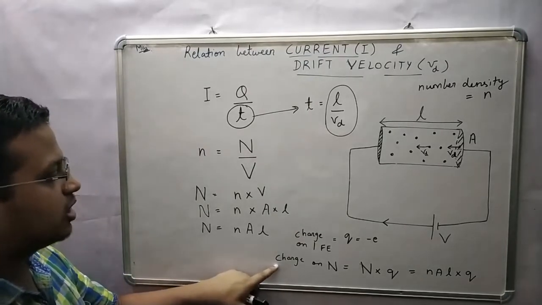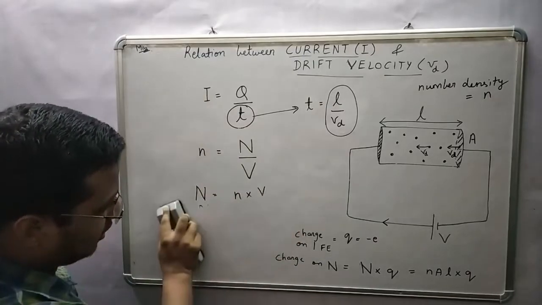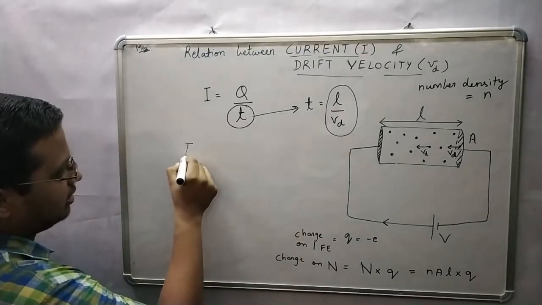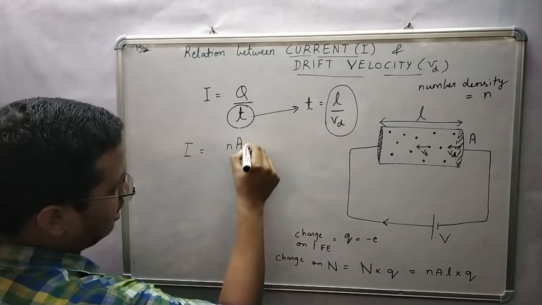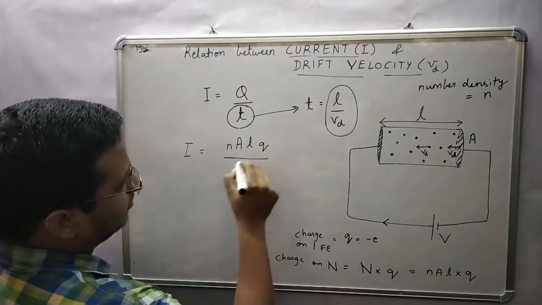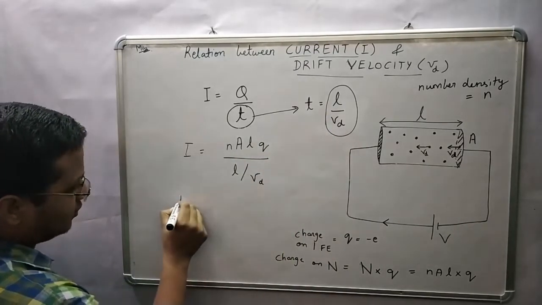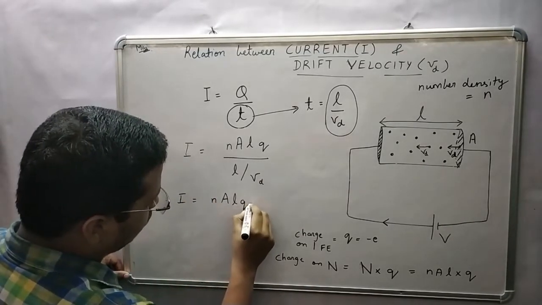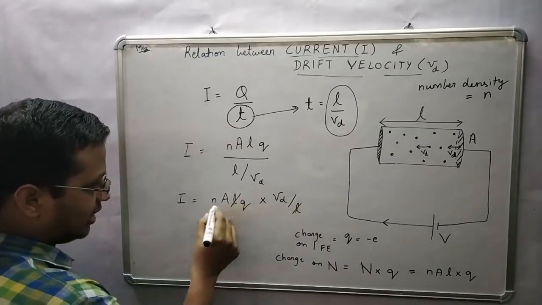Now we have the total charge, Q, and we also have the time taken. So let us find the expression for current. Current will be the total charge, nALq, divided by the time, L by Vd. So this will become nALq into Vd by L. L and L can be cancelled.